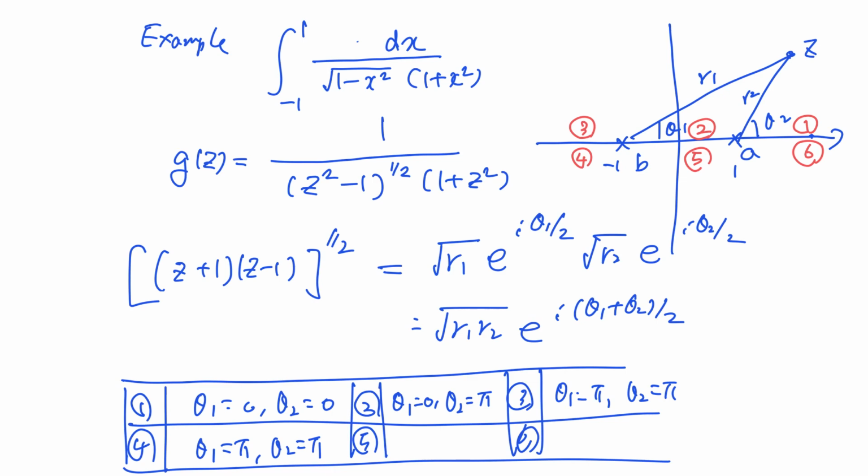Theta 1 is still pi, and theta 2 is 2 pi. How about point 6? Theta 1 is 2 pi and theta 2 is 2 pi.